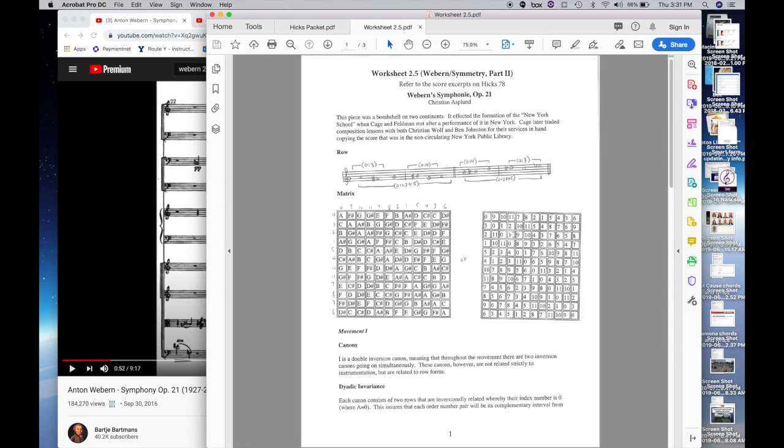Again, I've put in the number matrix just to show you there's this alternative way of doing a matrix using numbers. If we assign A as 0, which we have done here, then A is 0, B flat is 1, B is 2, C is 3, etc. Now this gives us some advantages.